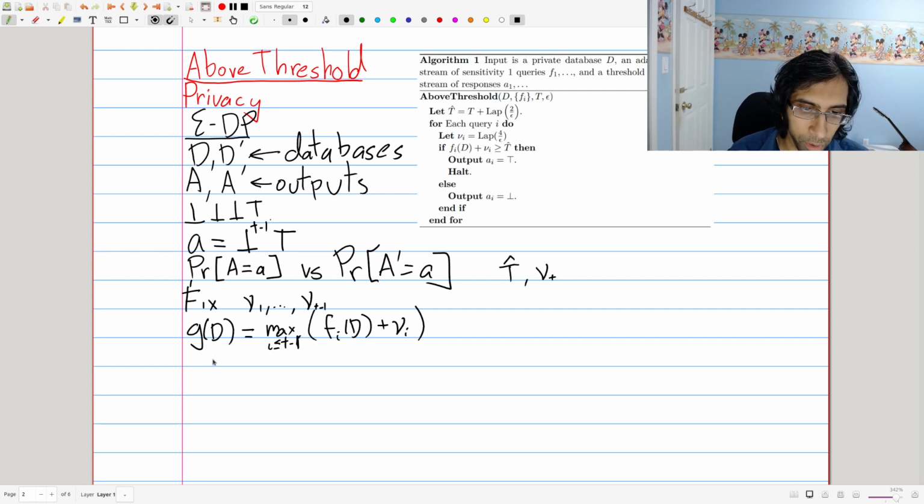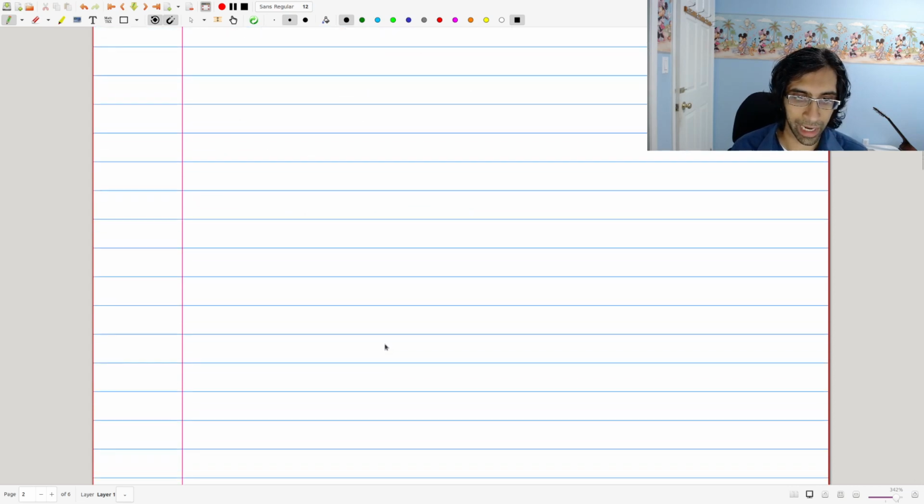The important thing to note is that because we fixed these noise parameters, we're conditioning on them for the rest of the proof. Therefore, this is deterministic. There's no randomness in this anymore because we've fixed the other realizations. So this is just some deterministic quantity. And now let's do the actual proof.